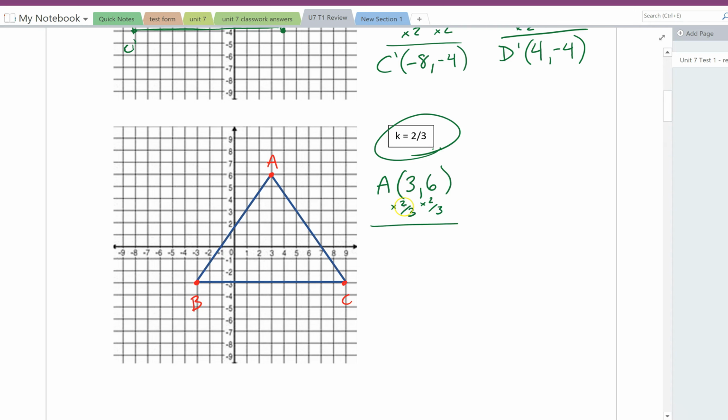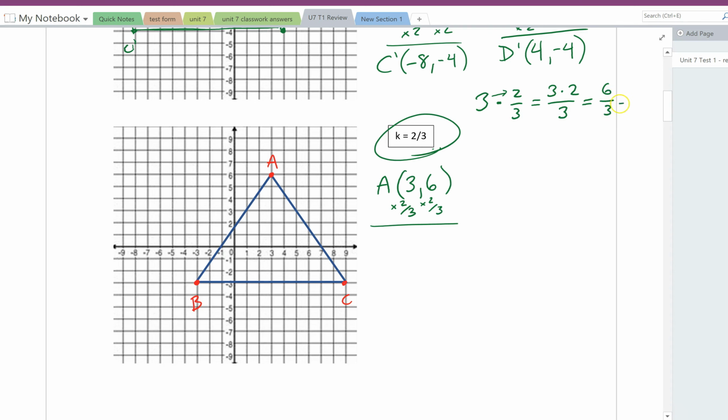Here's how I multiply 3 times 2/3. When I want to multiply a whole number like 3 by a fraction, all I do is multiply the whole number by the numerator, by the top part of the fraction. So 3 times 2/3 is the same thing as 3/1 times 2/3. I leave the denominator alone. So 3 times 2 is 6.